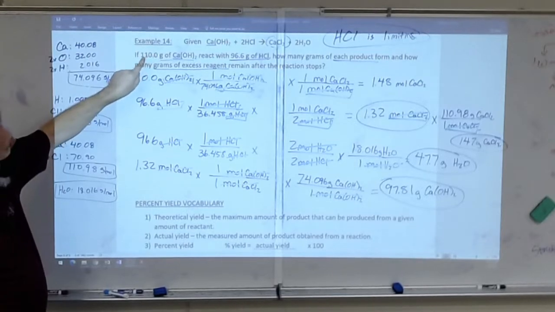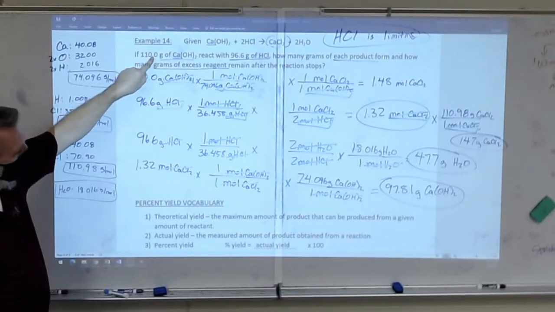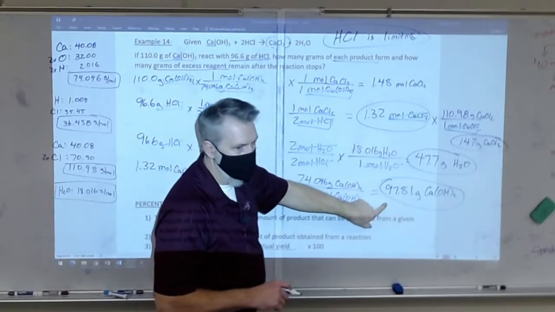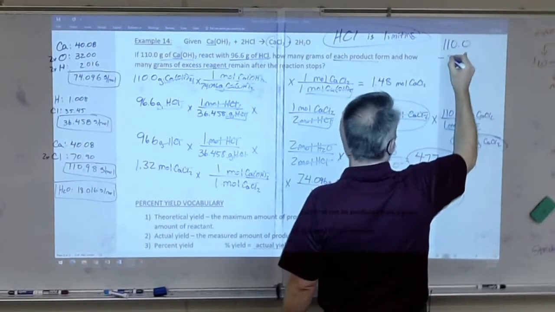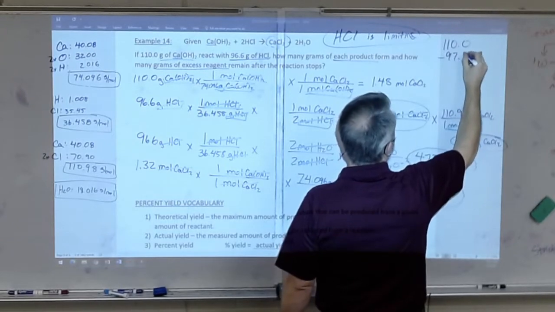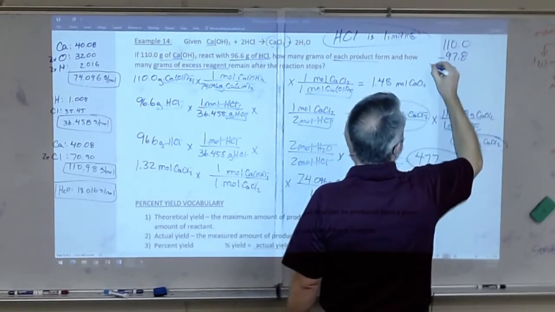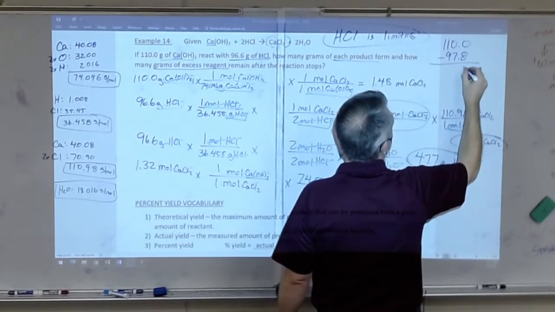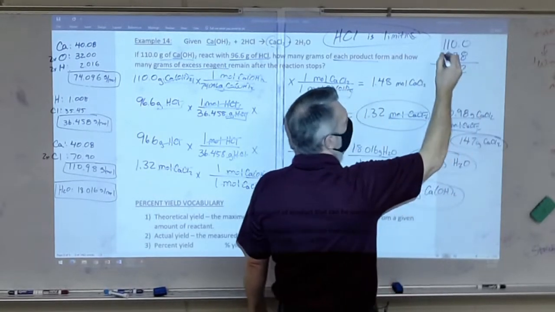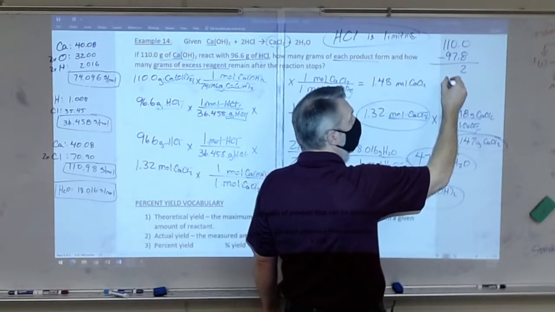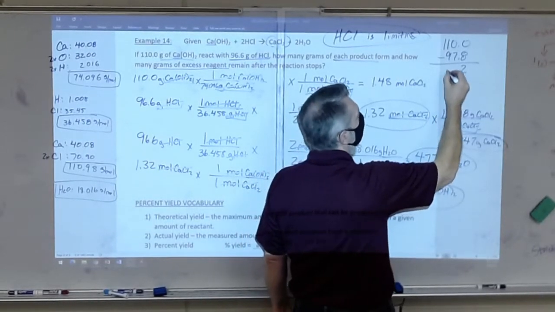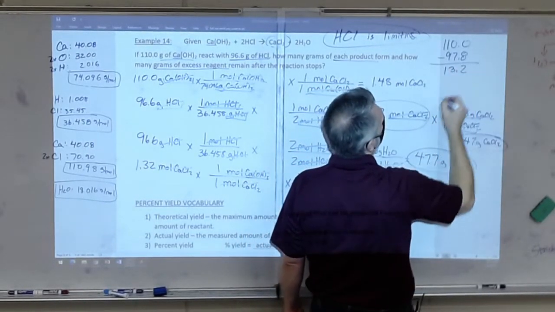So I'm going to subtract the amount that was used up from 110.0 grams. So I'm going to do that right over here. 110.0 minus 97.8. That really should be what it was in terms of sig figs. So this is 2, and this should be what? 13? Is that right?